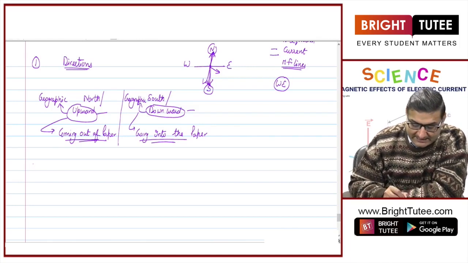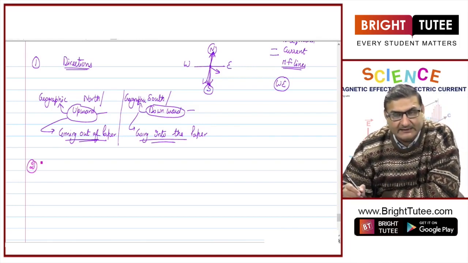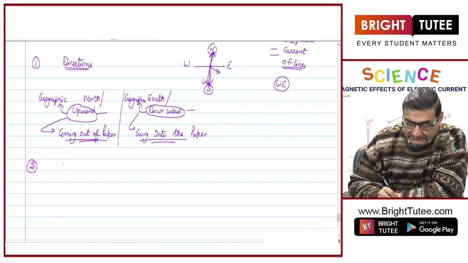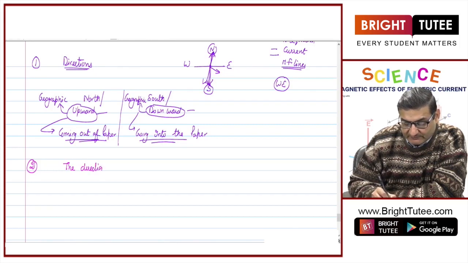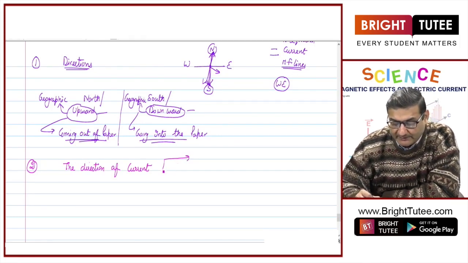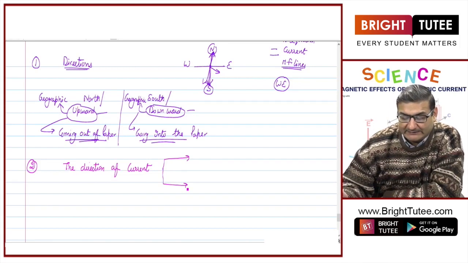Now, the second thing we need to relate, quite importantly, is the direction of current. When we are talking about the direction of current, in the question we will be given two types of particles.